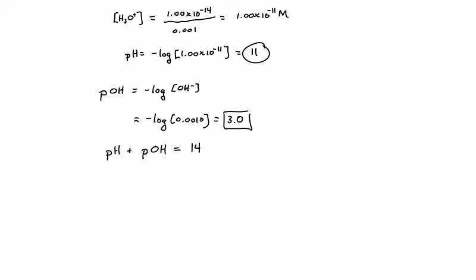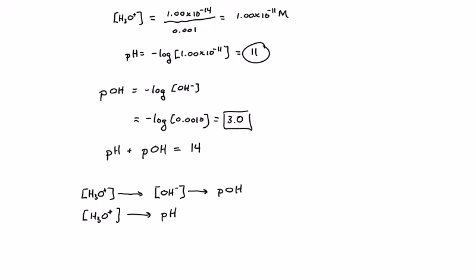So if we have a solution where we are given the hydronium concentration, we can use Kw to figure out the hydroxide concentration. And we could use that to figure out the pOH. Okay, or we can use the hydronium concentration to directly figure out the pH.